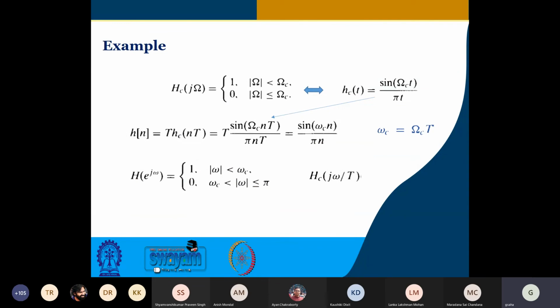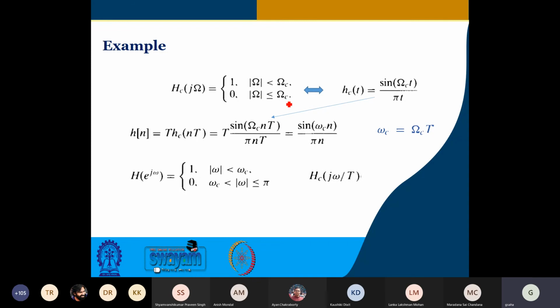So we shall end this class just with one example. So this is your H_c(jΩ), which is a low pass filter, of course, an ideal low pass filter that you can see.